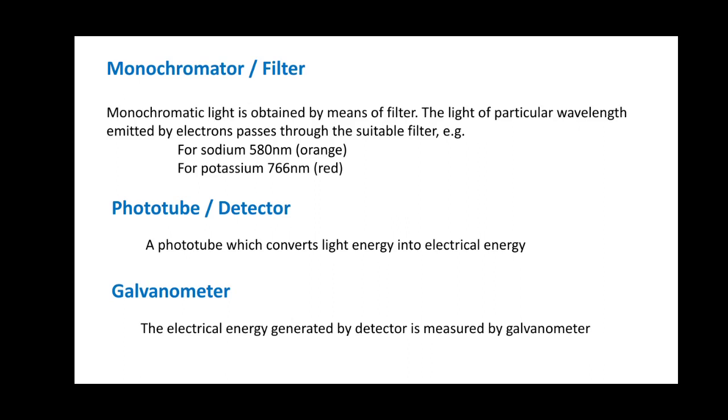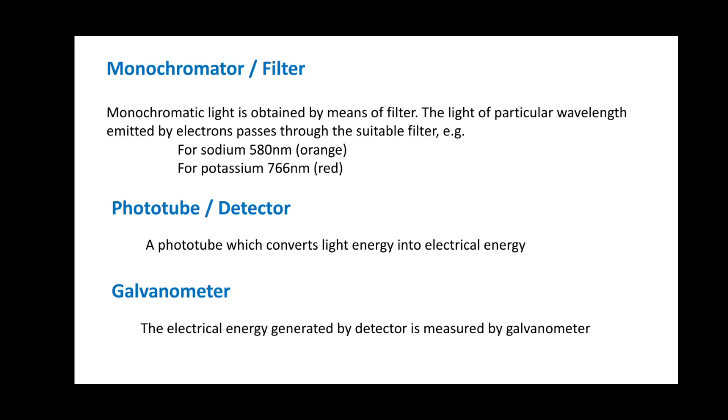Next, the monochromator, also called the filter. Monochromatic light is obtained by means of a filter. The light of particular wavelength emitted by the electron passes through the suitable filter. So a single color of light, or monochromatic light, is obtained by this filter. Sodium has 580 nanometer and potassium 766 nanometer.